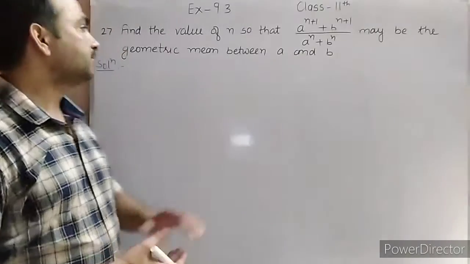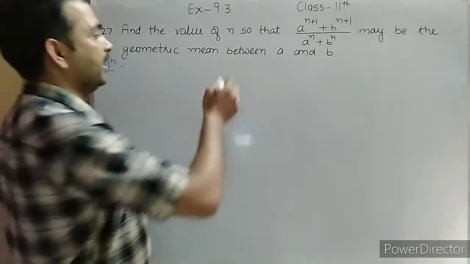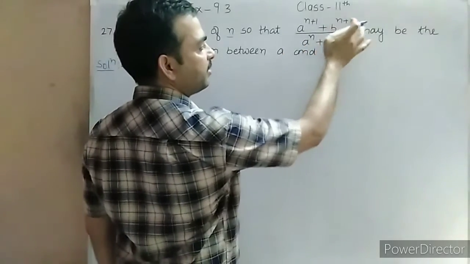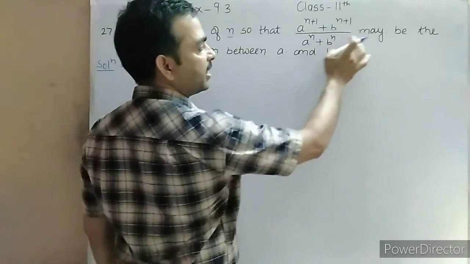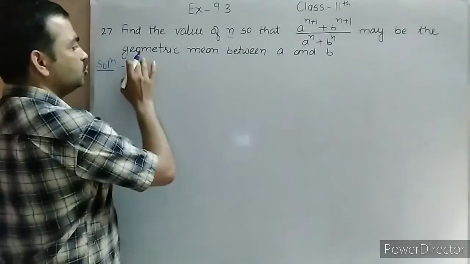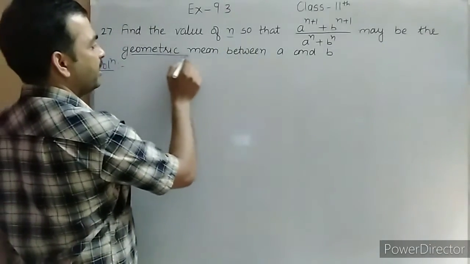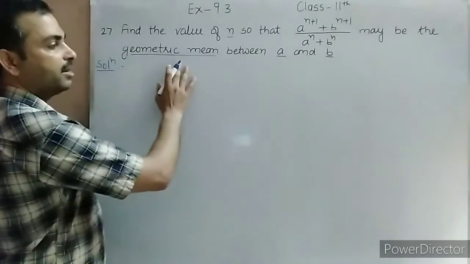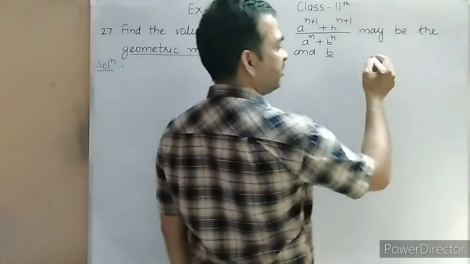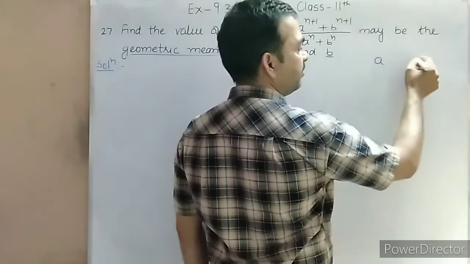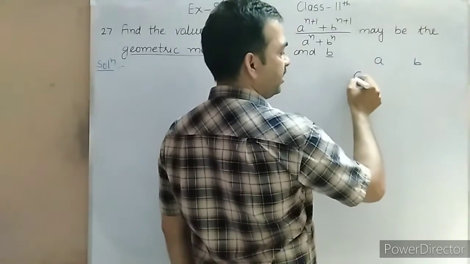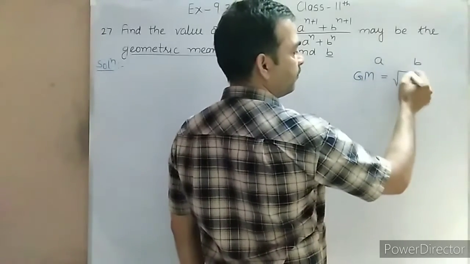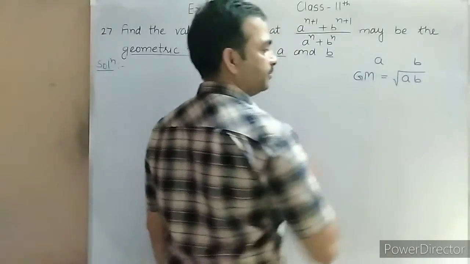Now the next question is, find the value of n so that (a^(n+1) + b^(n+1)) divided by (a^n + b^n) may be the geometric mean between a and b. What is the geometric mean? If we have two positive numbers a and b, then the geometric mean is defined as GM = square root of a into b.